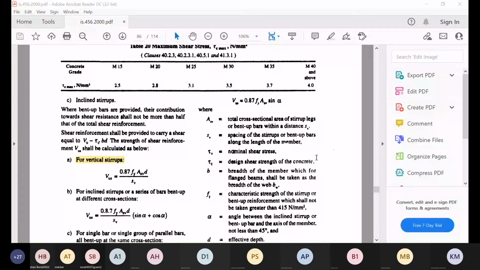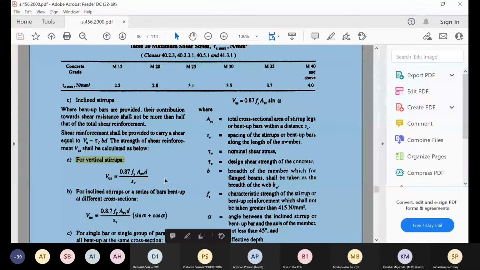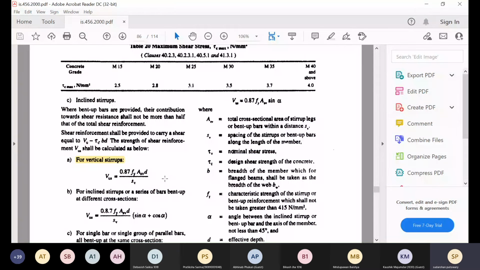See, this is for vertical stirrup. For vertical stirrup, Vus is equal to 0.87 fy Asv into d by sv. I am writing in the fashion of Asv by sv. Then Asv by sv is equal to Vus, which I have written as Vs, by tau V minus tau C.